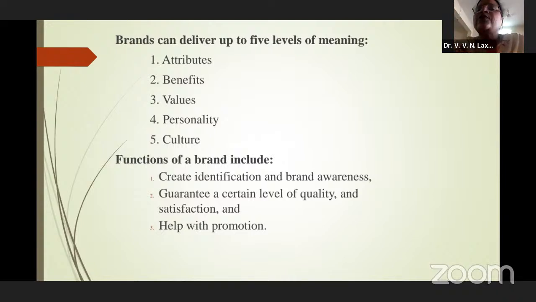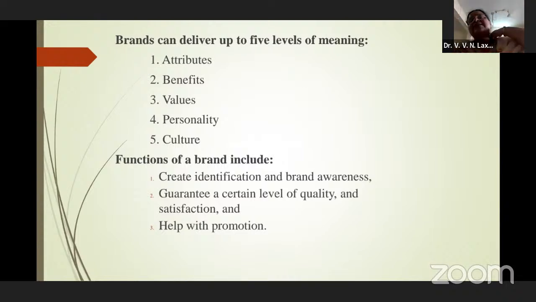The value addition that we get when we use the brand, personality and the culture. So these 5 levels of meaning are communicated when a product is named with a brand and when a brand is promoted in a particular market.